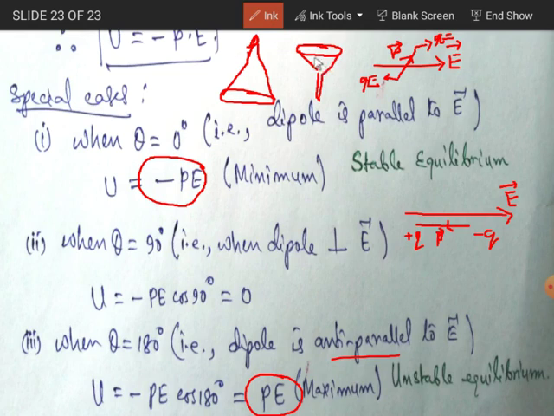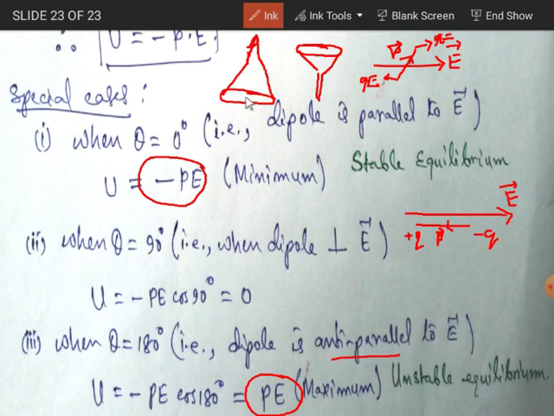But if you disturb it a little bit, then what happens? This will fall down. But at this position, the first one here, if you disturb it a little bit, then it will not fall down. That there lies a difference between stable and unstable equilibrium.